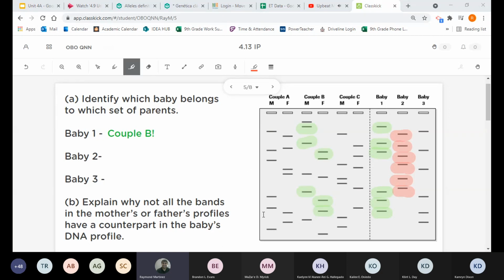Very good, very good. Seeing some mention in the chat box. Again, let me know in the chat box, who are baby two's parents? At this point, it's 50-50 because we already eliminated one of the couples. Excellent, you guys, excellent.